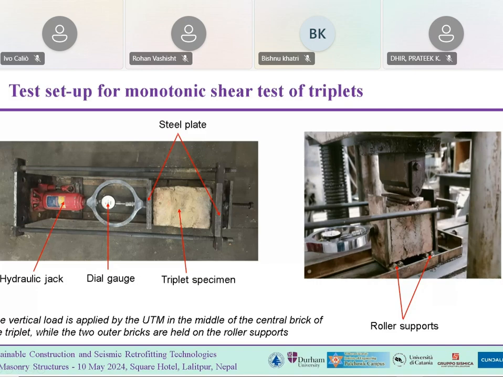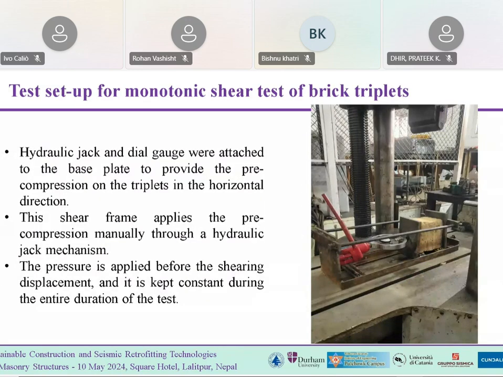Initially we apply the pre-compression load manually using the hydraulic jack, and once the selected pre-compression level is fixed, we apply the vertical load by the UTM machine. The vertical load is applied in the central brick of the triplet, while the other 2 bricks are held on the roller supports. I think you can clearly see that in the diagram. This is how it was set up in the lab.